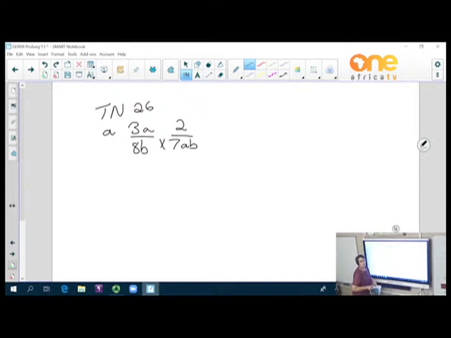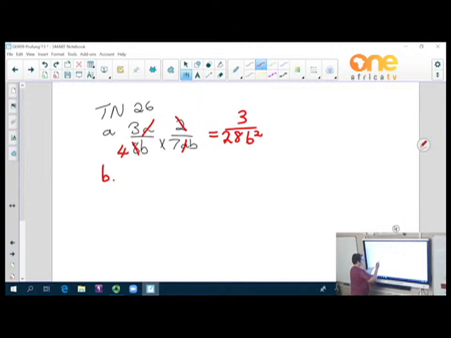Now still, we're looking for cancelling. We're trying to cancel. So the 2 can divide into the 8 4 times. This A and this A can cancel out. So then you have 3 over 28. I multiply the numbers and I add my indices.